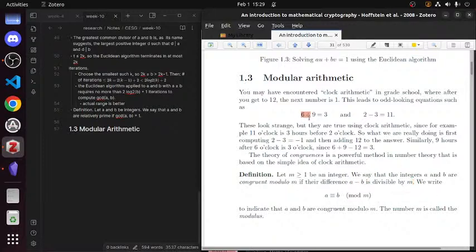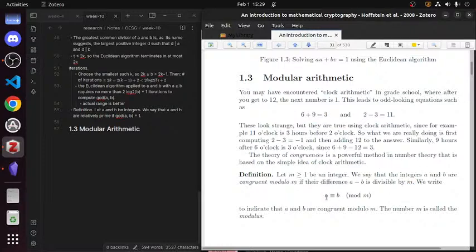So if you have 6, 9, and 3, if 3 is the m, and you have 6 and 9, they would be congruent. Because if you took, let's say a was the bigger number, 9, and subtracted b, which is 6, you'd get 3, which is divisible by 3.